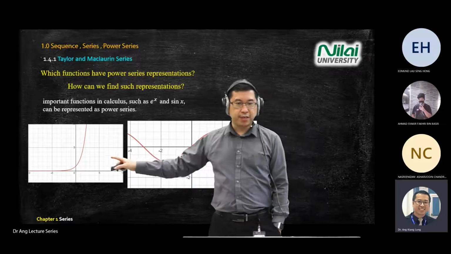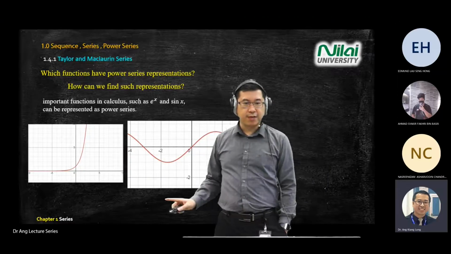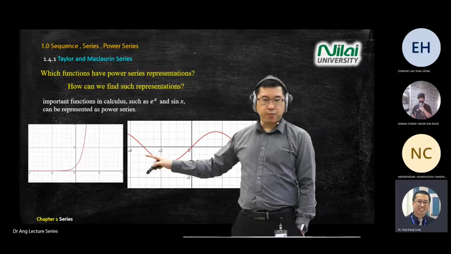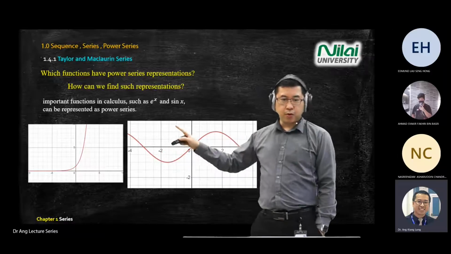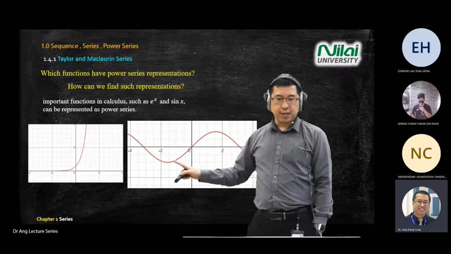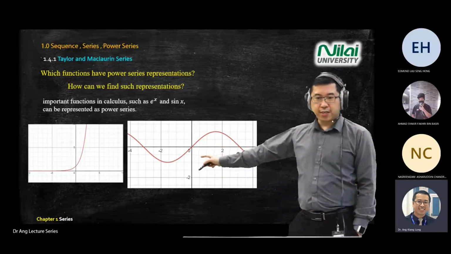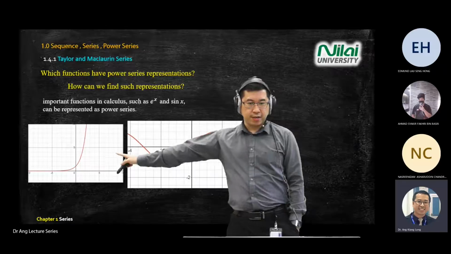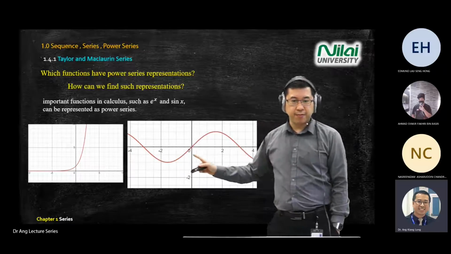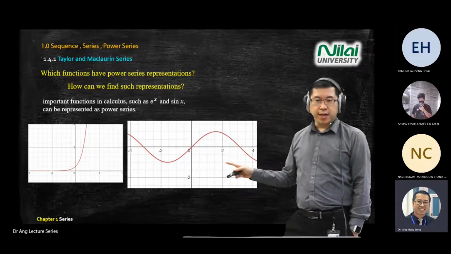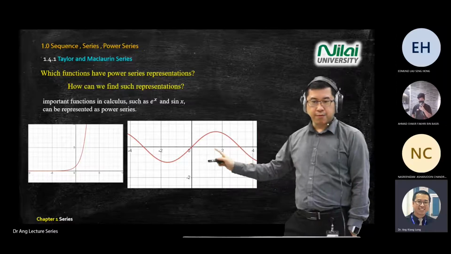On the left is the e power x graph. And if you plot a sine wave, it will go up, go down, and then go up, and then go down.